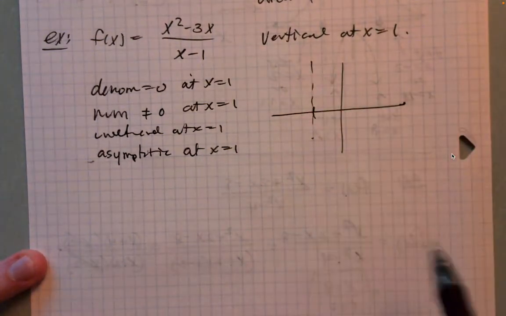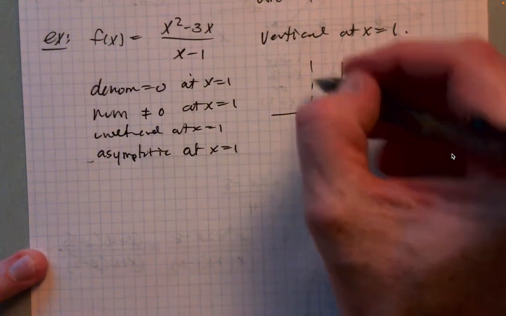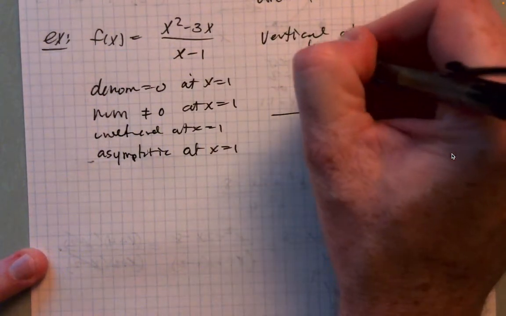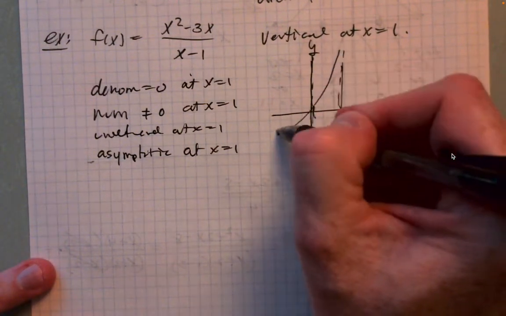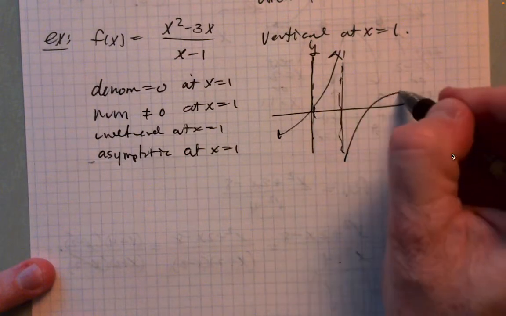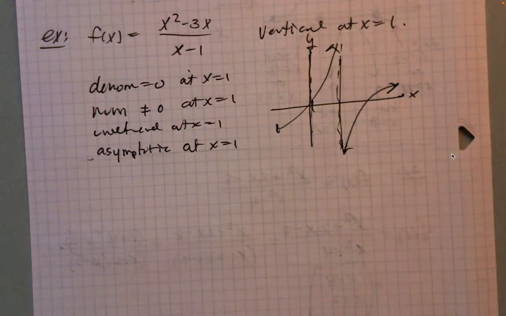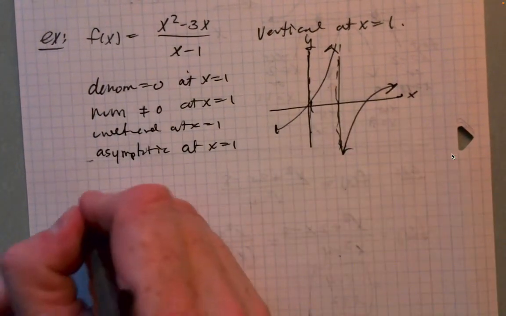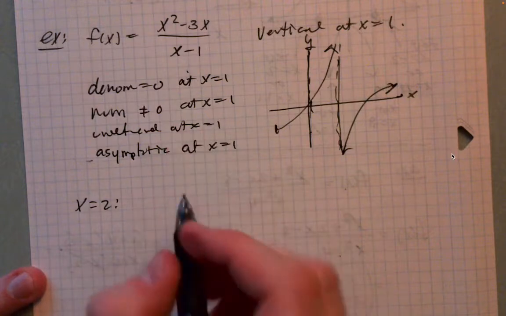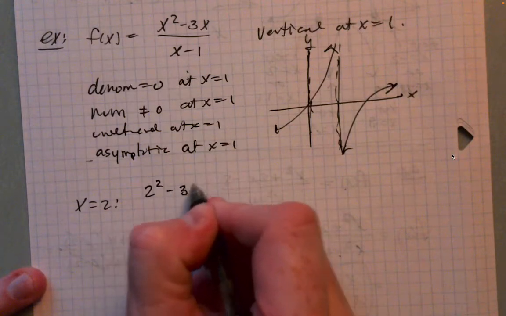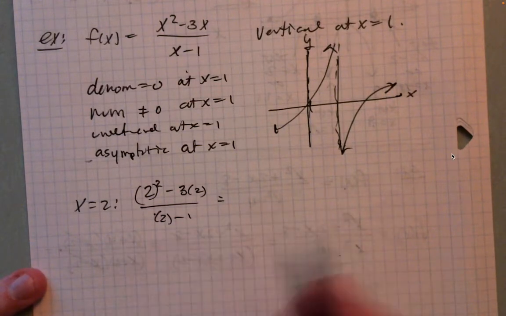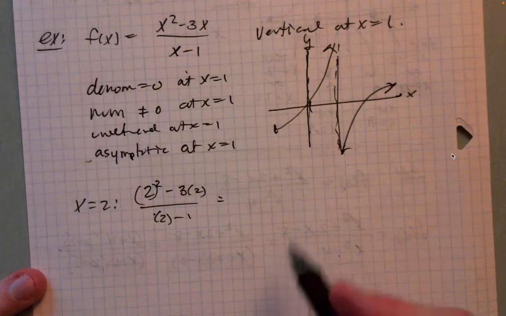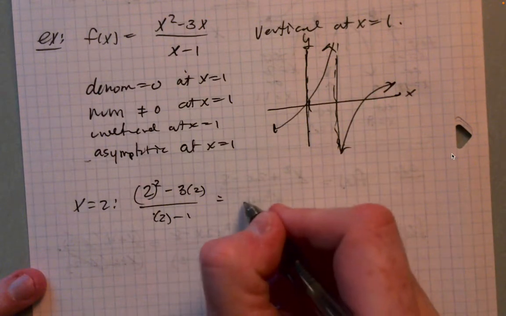We could test values. Oops, sorry, it's on the wrong side. Let's take this as the y-axis, and this is the x-axis, and here's our x equals 1. So this one is going to look something like this. Again, we can test those values, right, to determine the behavior. We could test 2 and we could test 3. At x equals 2, you would get 2 squared minus 3 times 2 over 2 minus 1, which is like 4 minus 6 on top and then a 1 on the bottom, so it'd be -2.